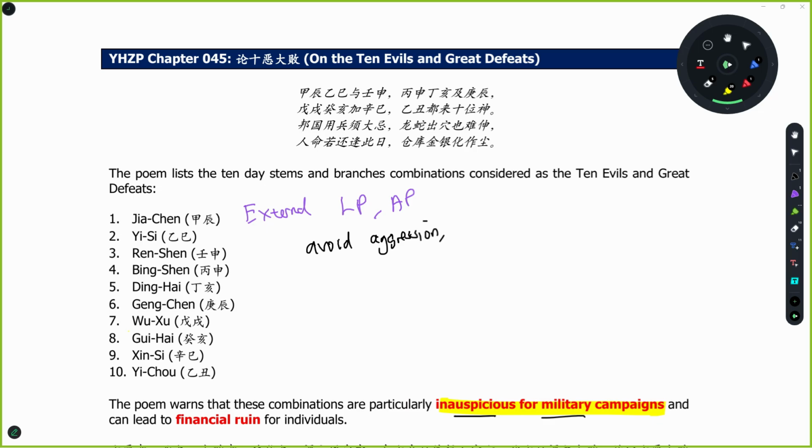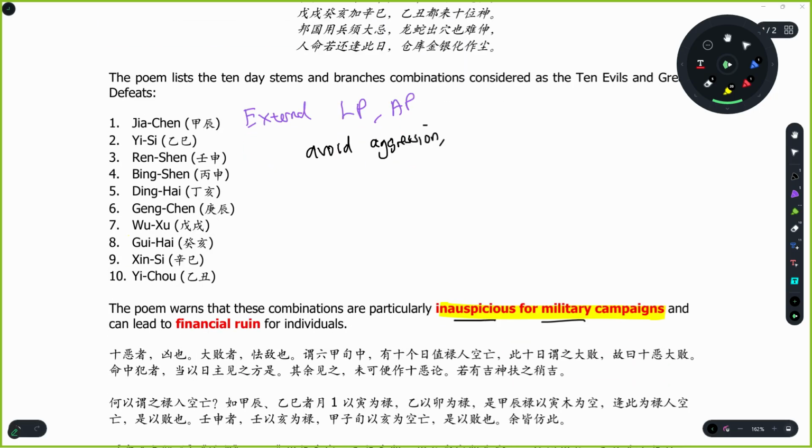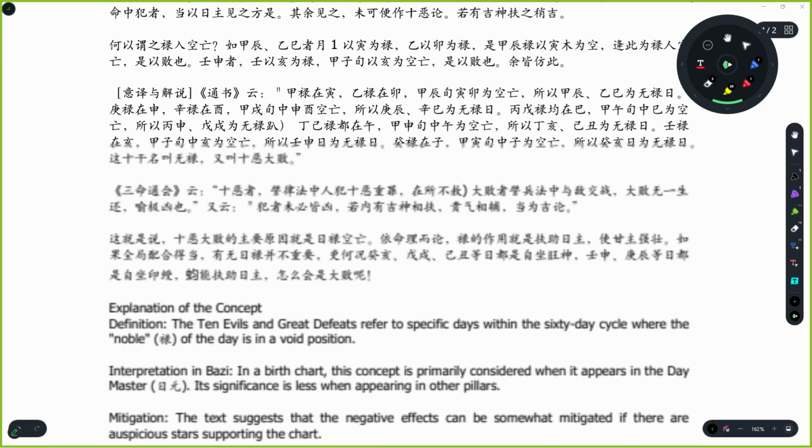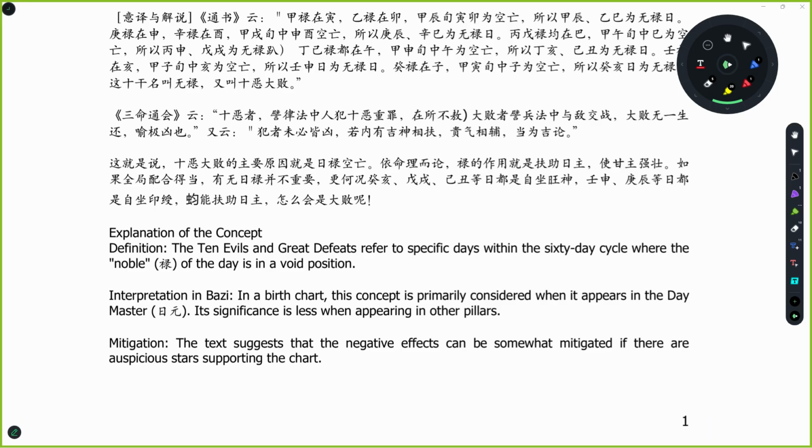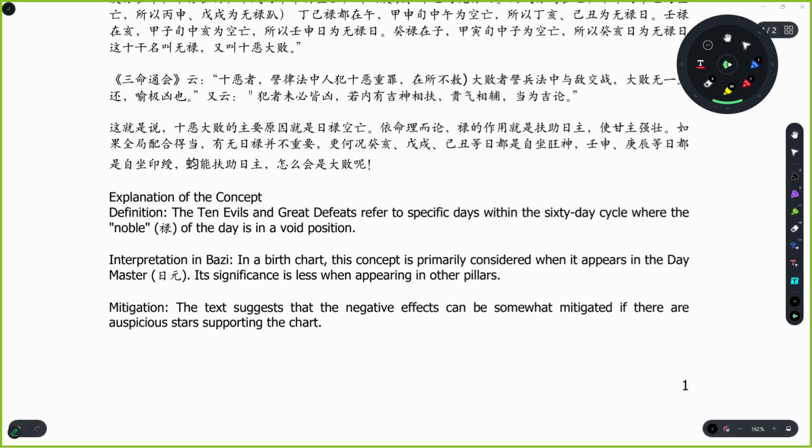So in all simplicity, anyone with this luck pillar or annual pillar, if considering expansion or doing business, the best advice is, don't. Just wait for the time to be over.